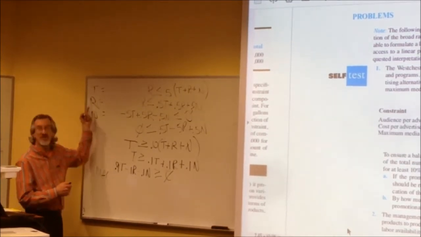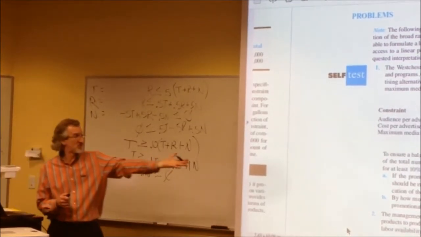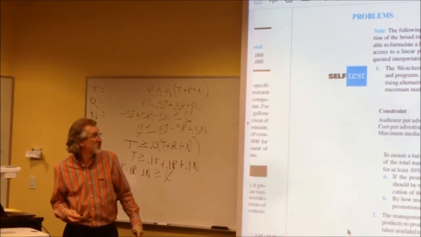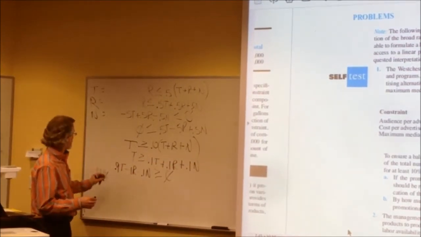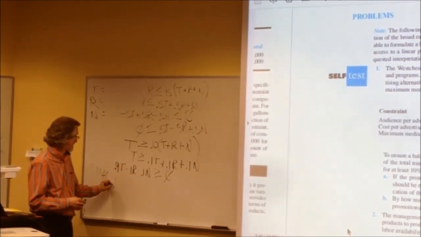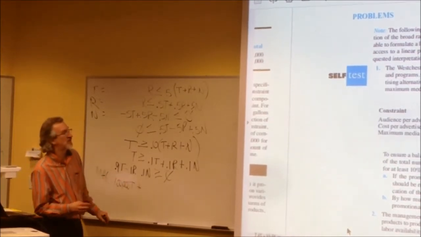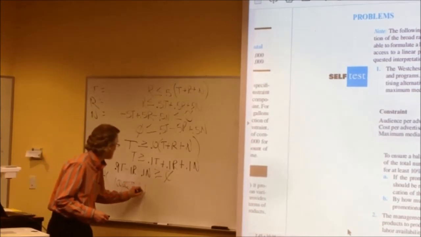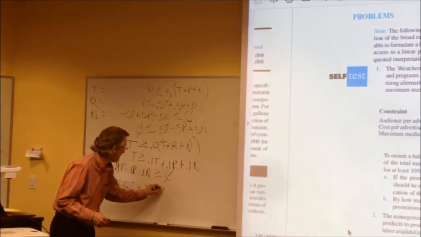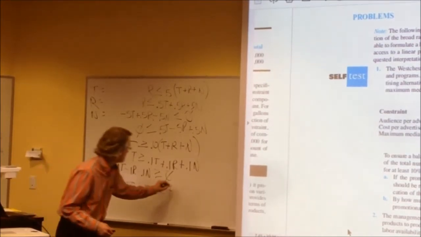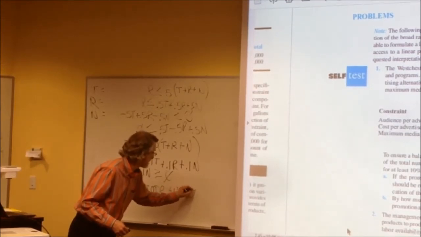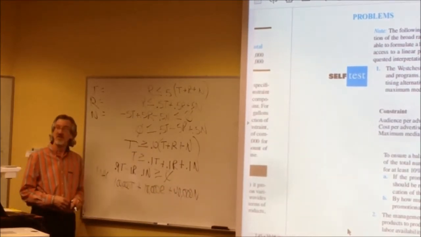So we got to turn these variables into what it's referring to, which is audience reached, correct? So what do I put with the T? 100,000T plus 18,000R plus 40,000N. There's what we're maxing.